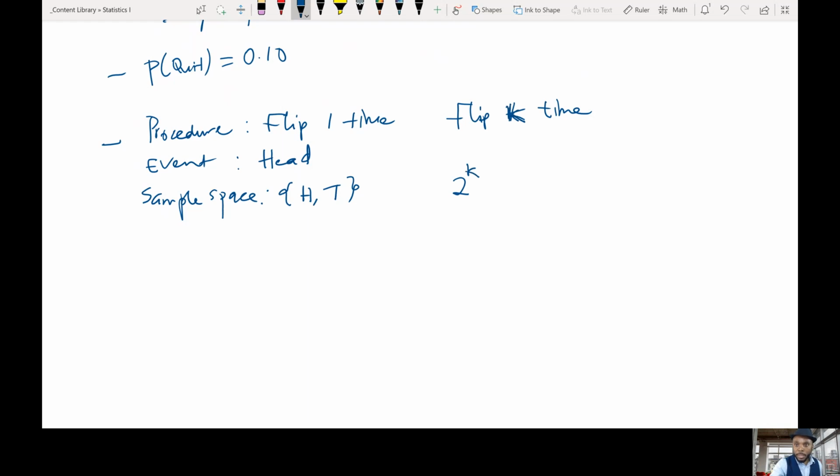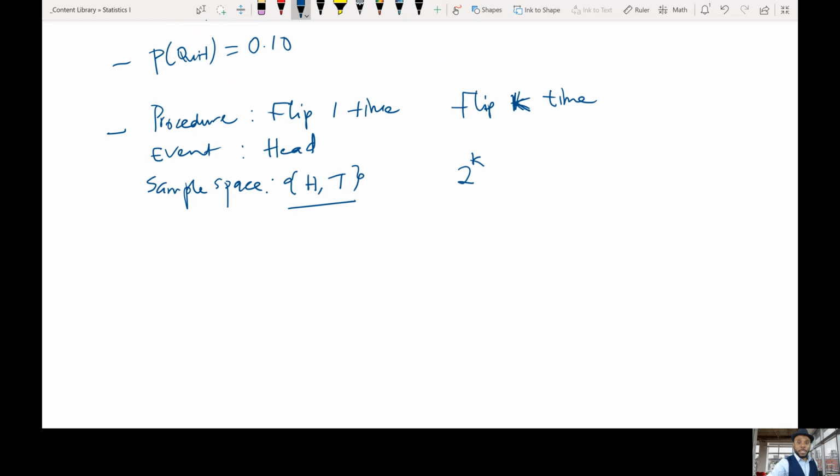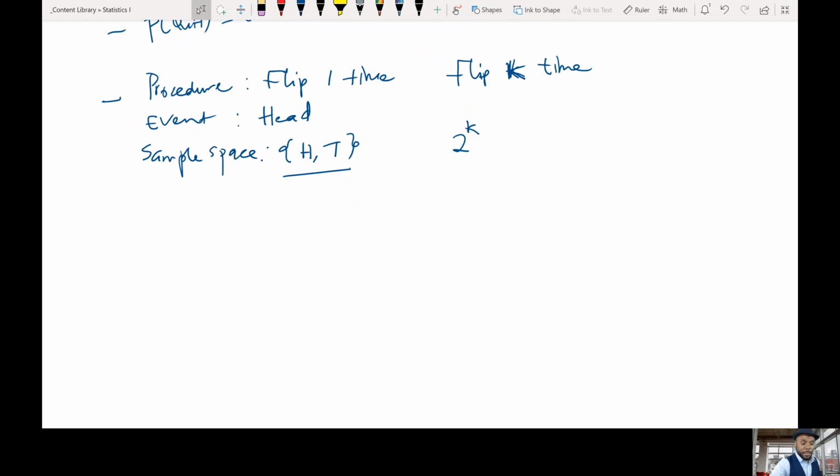So when we flipped 1 time, 2 to the power of 1 is 2. So the size of our sample space is 2. If we flip your coin 2 times, the size of the sample space will be 2 to the power 2, which is 4.